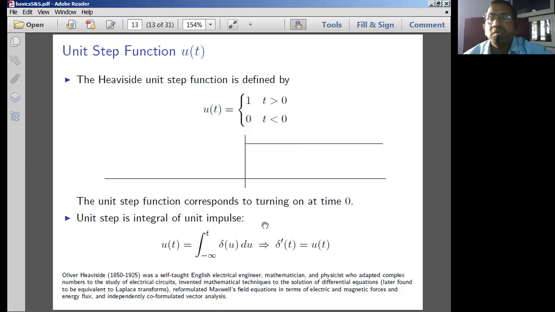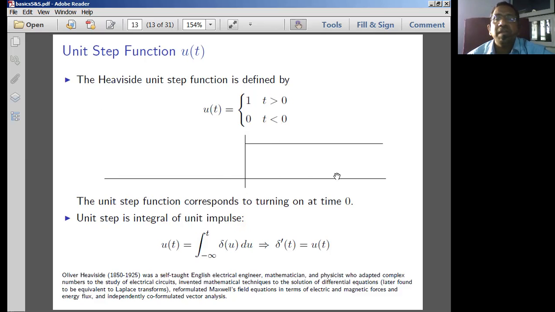So a pulse signal is always a finite duration signal, whereas an infinite duration signal is known as a unit step signal. It is the Heaviside signal. The only thing is, in the unit step signal, the signal value is going to be 1 for all time t greater than 0. This is the time axis, the x-axis.